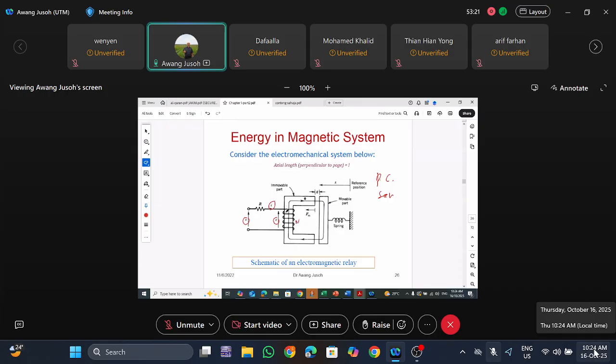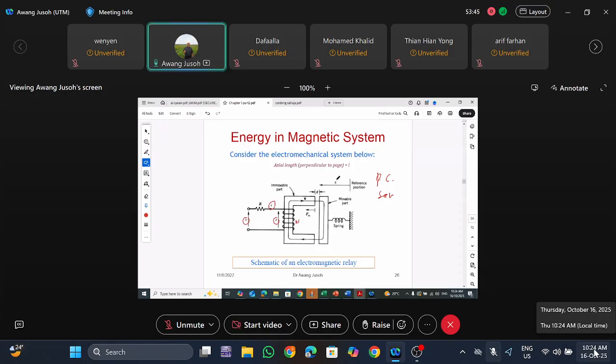The source of flux comes from the current, so the flux will flow here and to this one. This is a gap, representing the air gap of the relay. And this is a movable part: when you energize, this part will attract the immovable metal part, and when you de-energize, it will open like that.